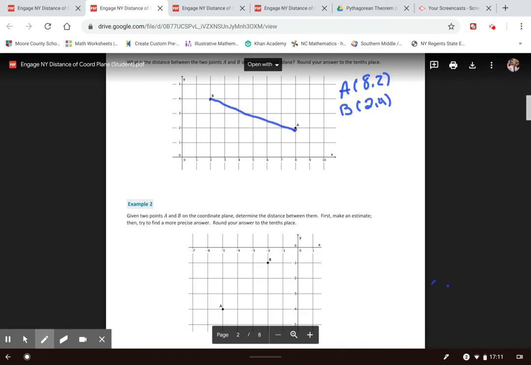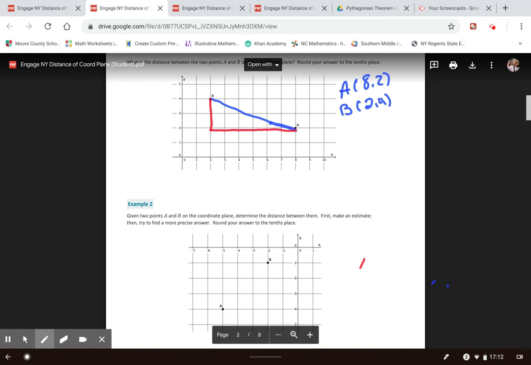Okay, so the way I'm going to find my diagonal distance is I'm going to use the Pythagorean theorem. And how I'm going to use it is I'm simply going to start at either one of the points. I'm going to start at point B. So I'm going to draw a line this way, and then I'm going to draw a line over here, creating a right triangle.